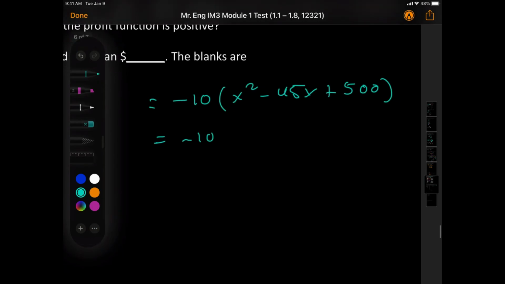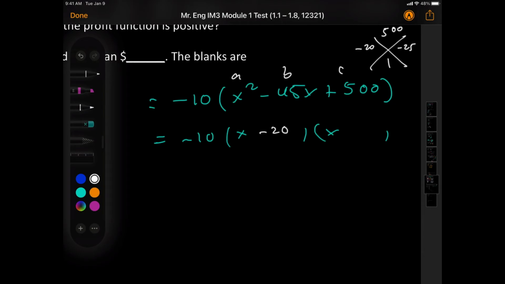And if I factor this, A, B, C, you'll find it to be -20 and -25. Two numbers that multiply to be 500 but add to be -45 right here.